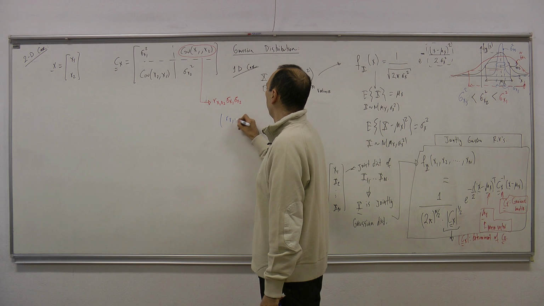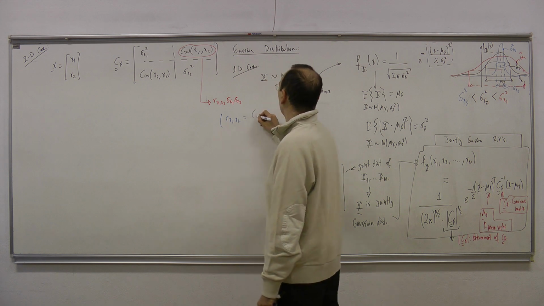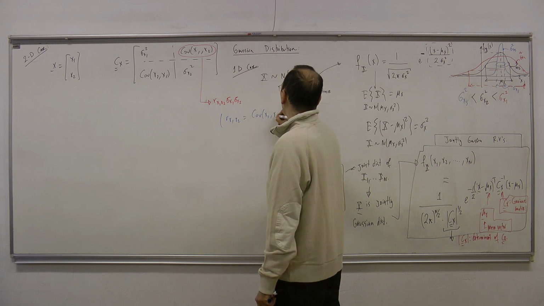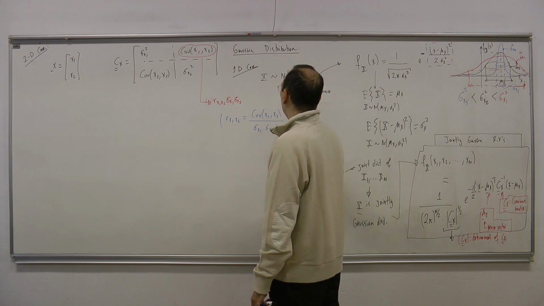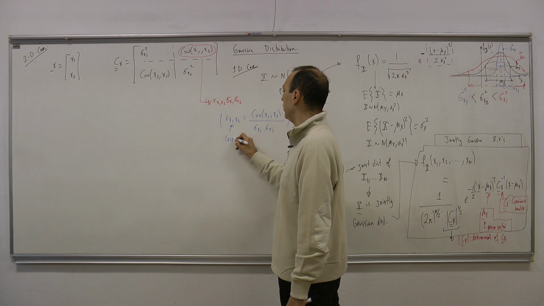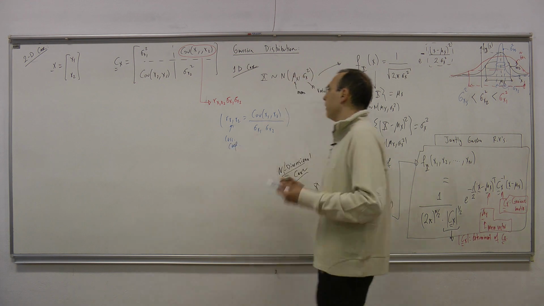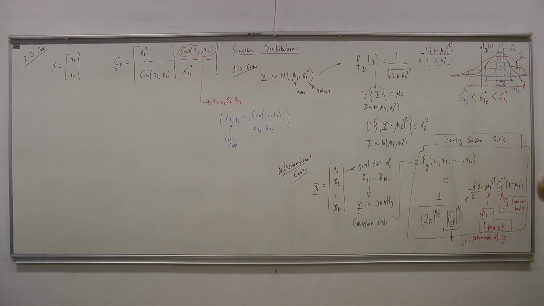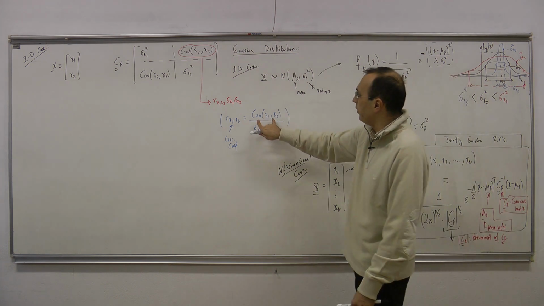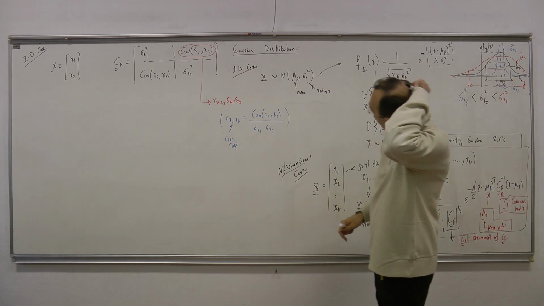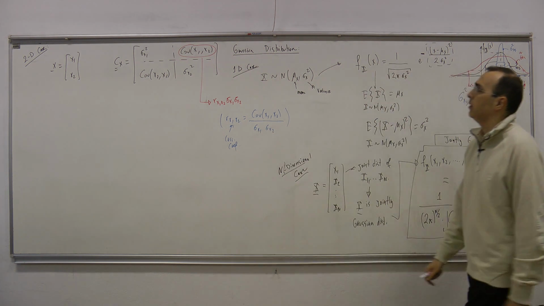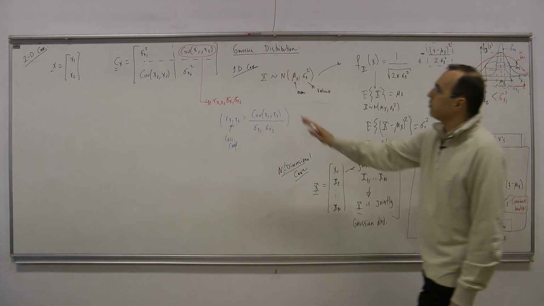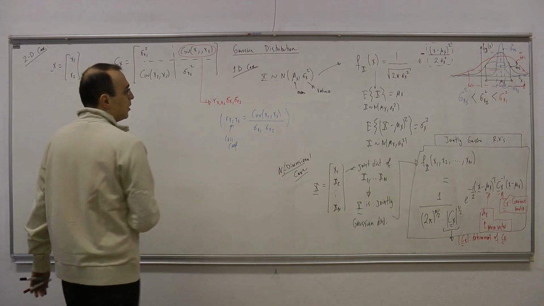Remember, Rx1, x2 is covariance x1, x2, over sigma x1, sigma x2, because this is the correlation coefficient definition. Okay? I need the covariance. So covariance is, as you see, correlation coefficient times product of standard deviations. So this matrix is something like that.